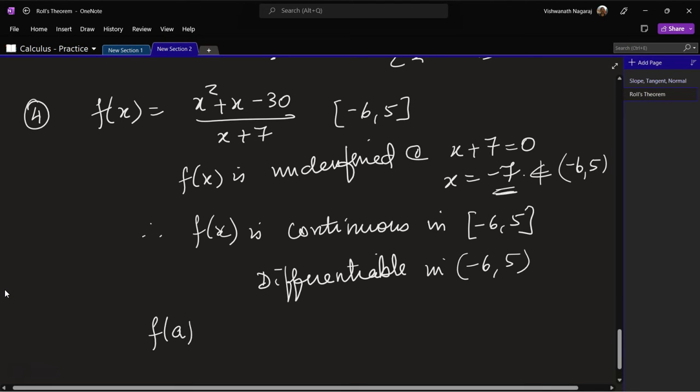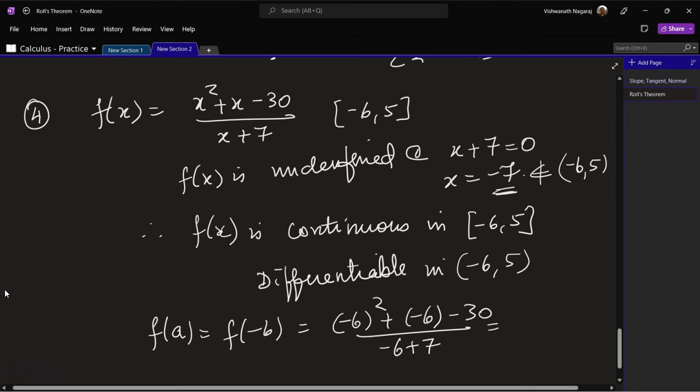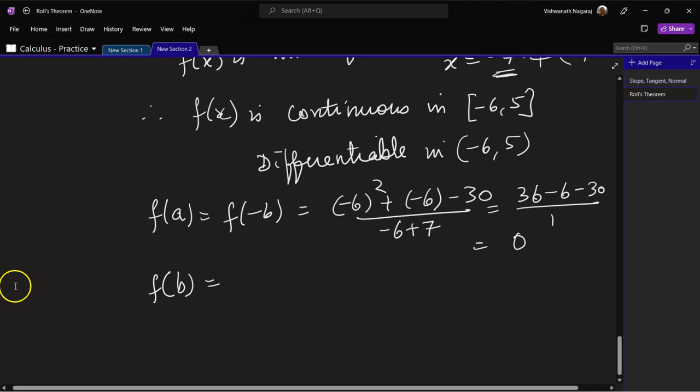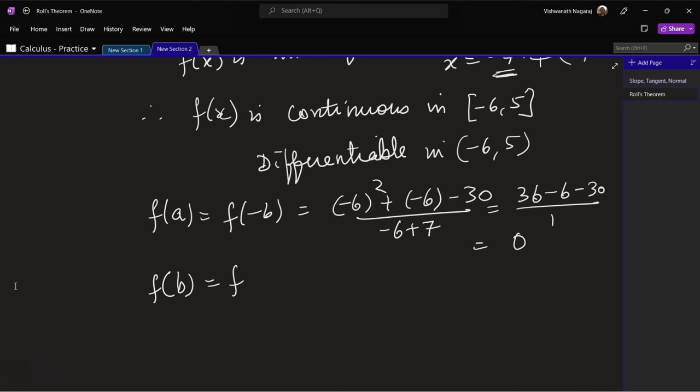Now we have to see f of a, which is f of minus 6, which is minus 6 square plus minus 6 minus 30 by minus 6 plus 7. So here this is going to be 36 minus 6 minus 30 by 1, which is equal to 0. Similarly, let's look at f of b, which is f of 5.